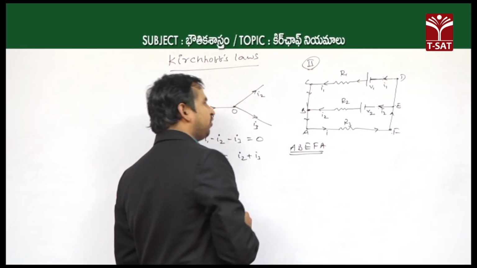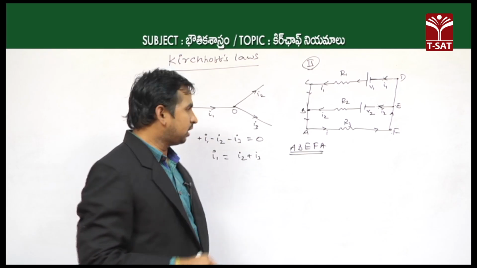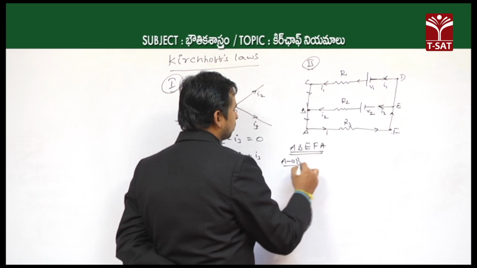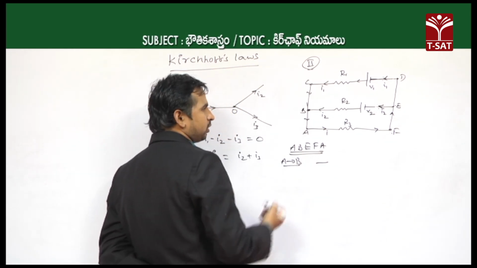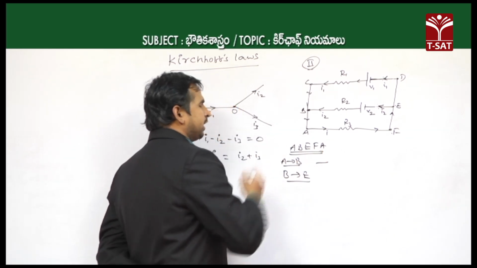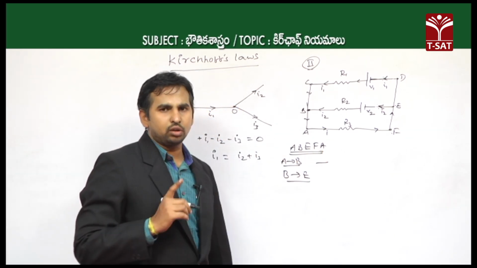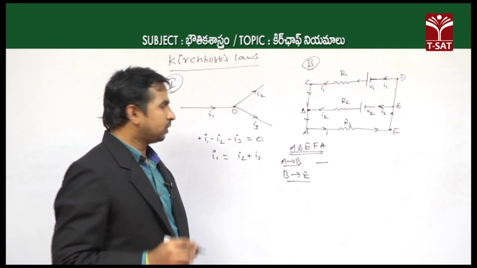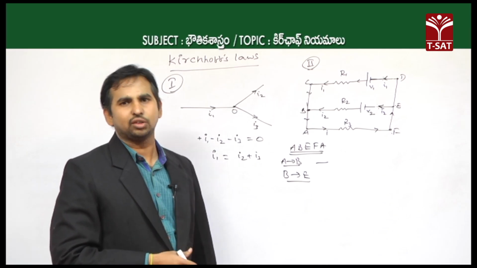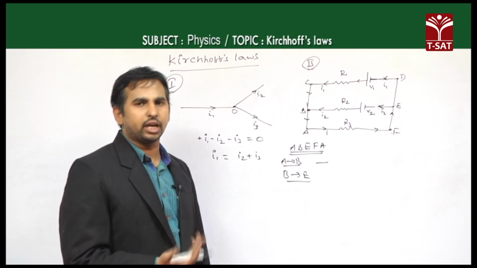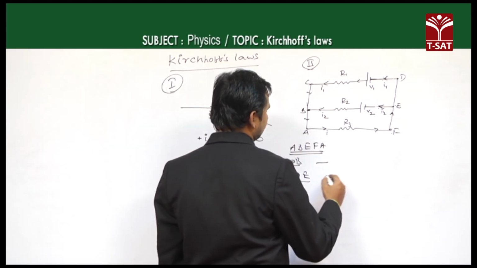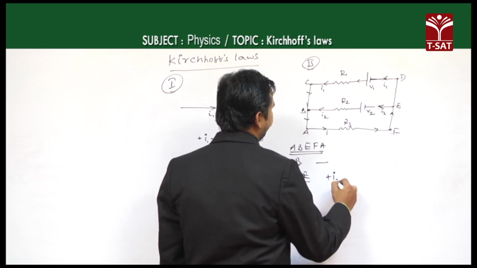For this closed loop, from A to B we do not have any circuit elements, so there is no change of potential difference. But going from B to E, you have a resistance. Remember, when you go against the direction of current, the resistance opposes, so we take that as positive, which means plus I2 R2.